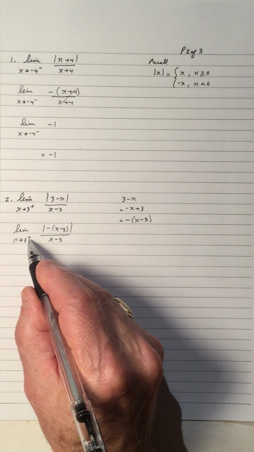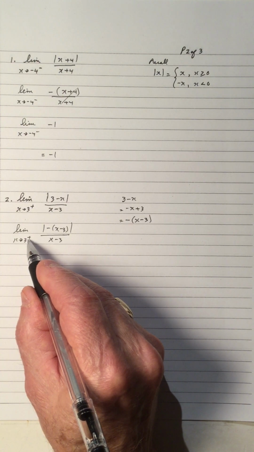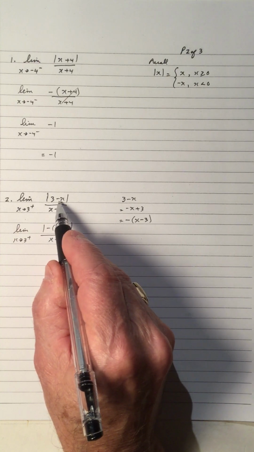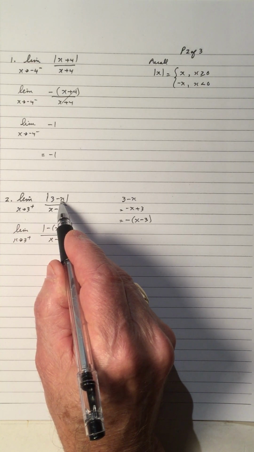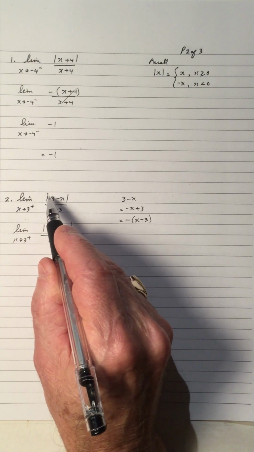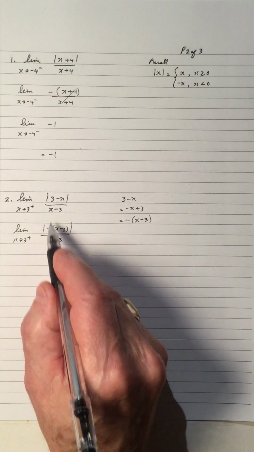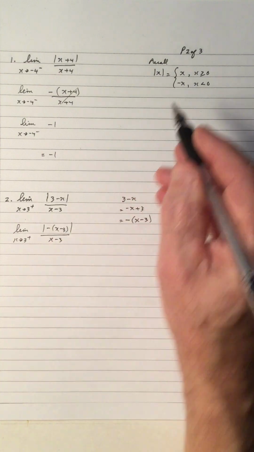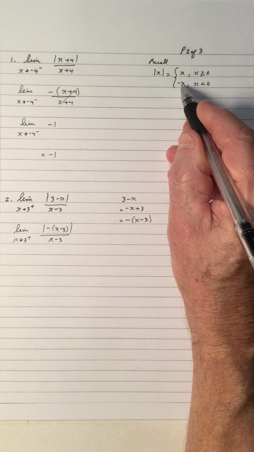So let's pretend you took a 5. 5 is to the right of 3. If you put 5 in here, you get 3 minus 5. That's negative 2. That means the absolute value is going to be a 2. So this number right here is really a negative. So that means we have to use the negative x.